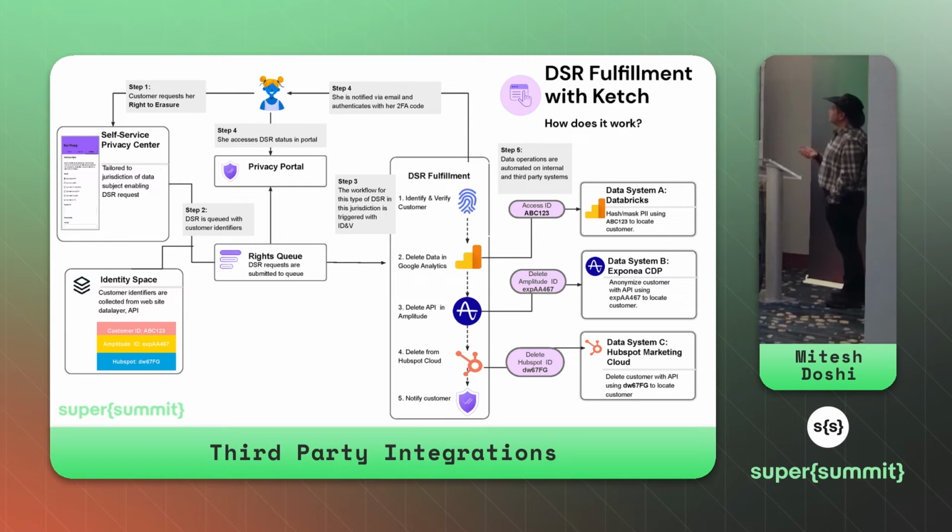The good thing is, as part of regulations, all these third parties are supposed to have either an API or an email way to contact them and delete the data for the end user. So that's a high-level overview of our DSR fulfillment.